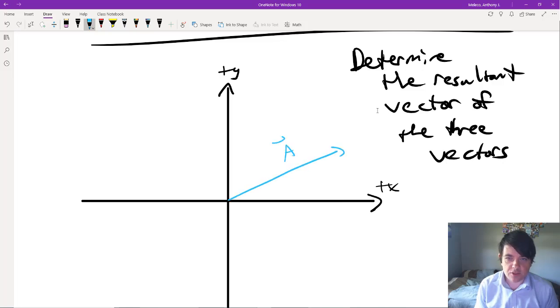So here's a very generic A, okay, 44 units. We're not told what the units are. And this is 28 degrees. We've got B, which is 56 degrees relative to the minus x-axis, so you'll see how we deal with that.